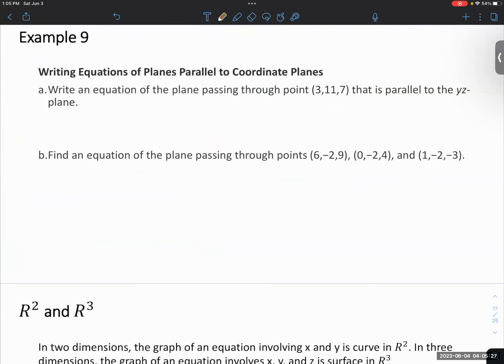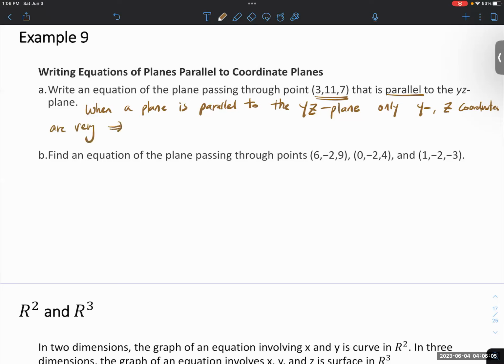Write an equation of a plane passing through the point 3, 11, 7 that is parallel to the YZ plane. What happened? When a plane is parallel to the YZ plane, only Y and Z coordinates vary.